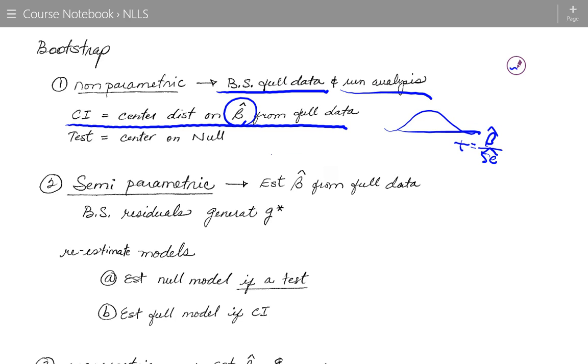So even if it is highly skewed, you can get the 0.025 percentile and the 0.975 percentile. And that is an empirical bootstrapped confidence interval. If you want to test, you can base a test on the center on the null. So you can shift that distribution over to the null, and you can use that as a test.